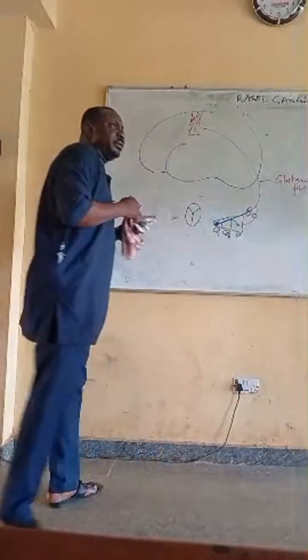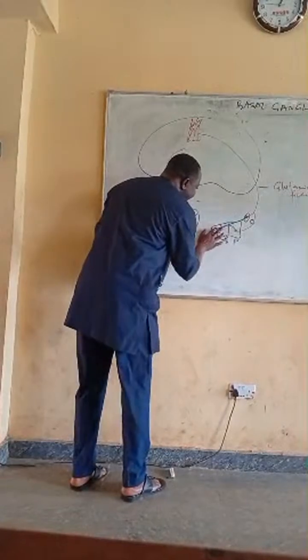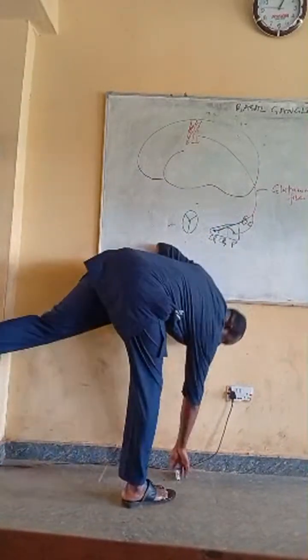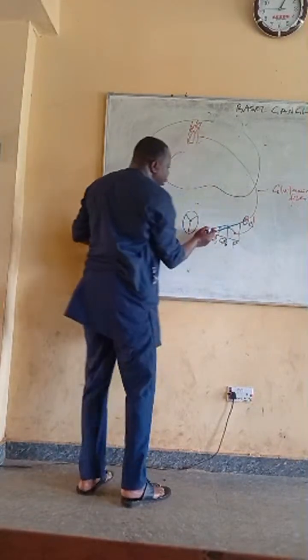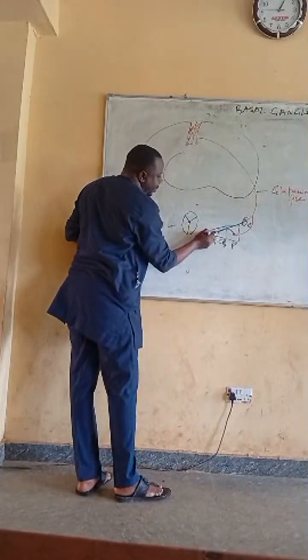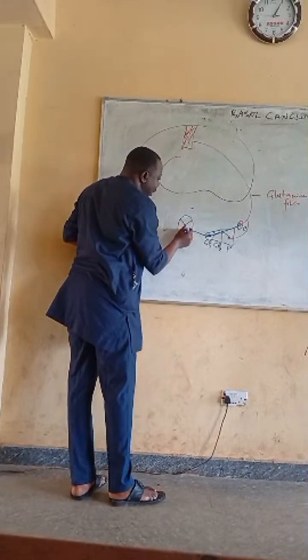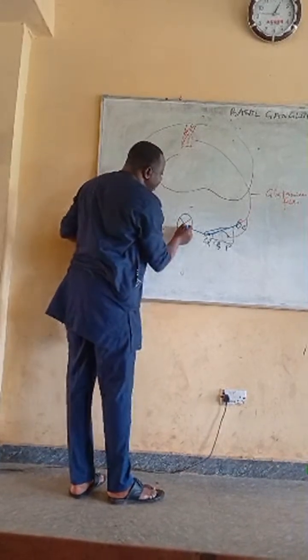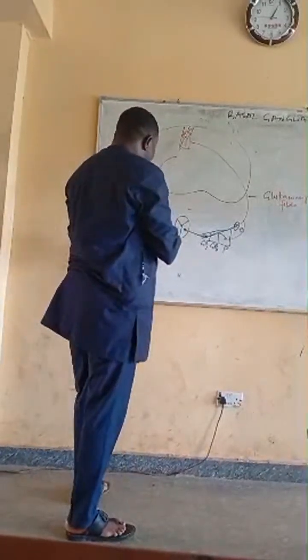Now from the globus pallidus internus, fibers will go down to where? To the thalamus. And then from the thalamus, fibers will go down to where?